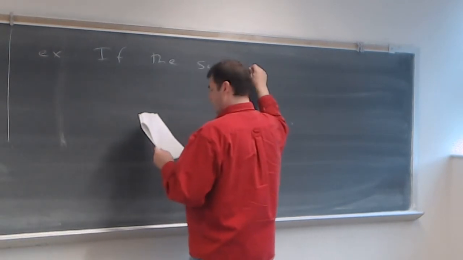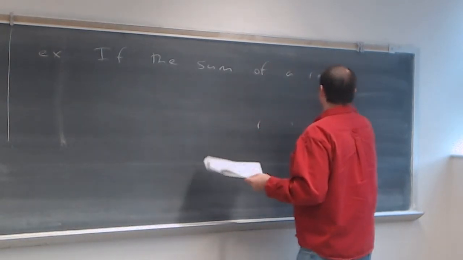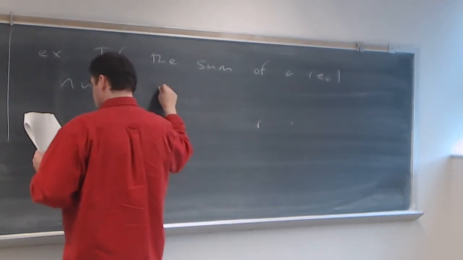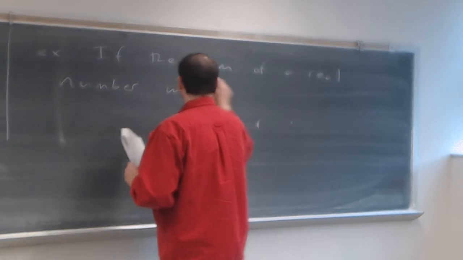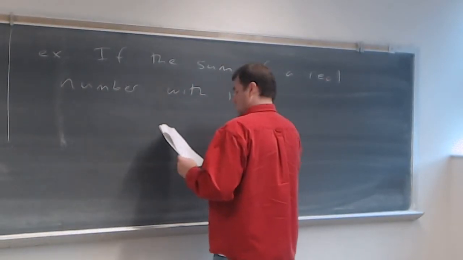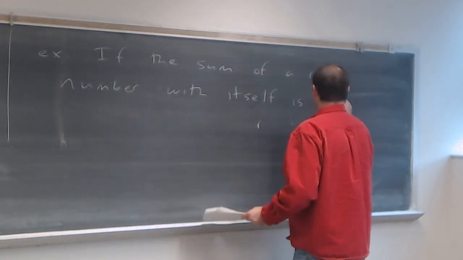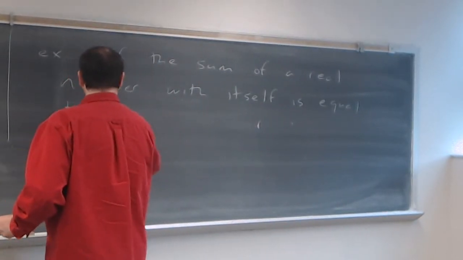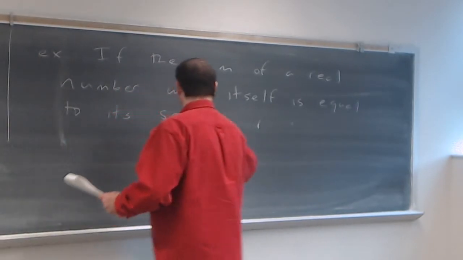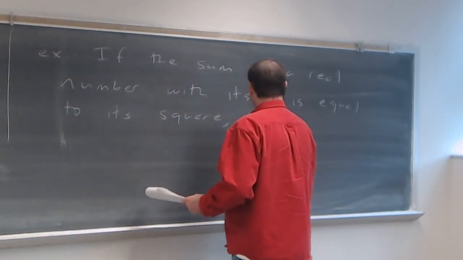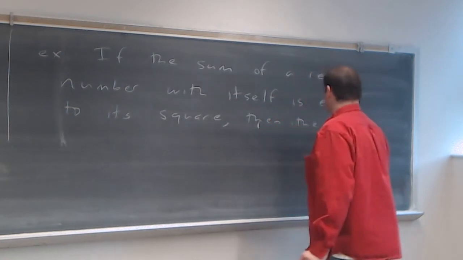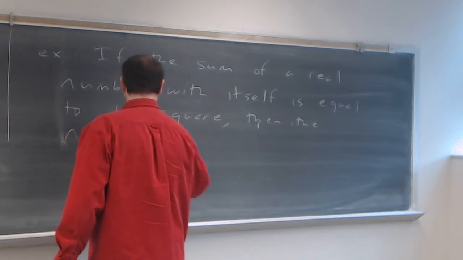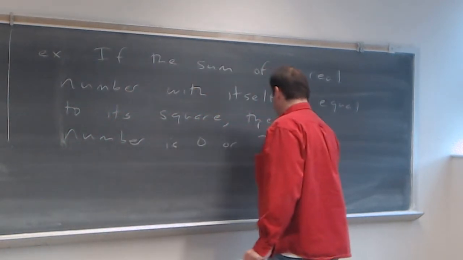If the sum of a real number with itself is equal to its square, then the number is 0 or 2.